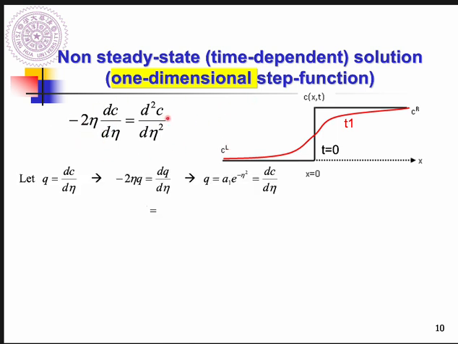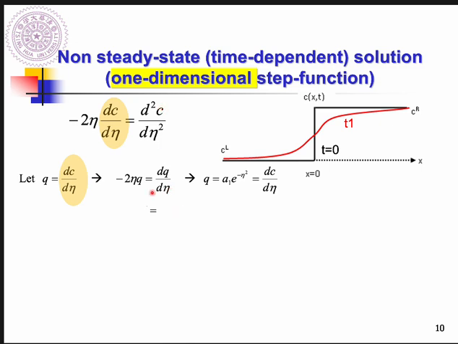This is a mathematical trick. I let dC over d iota equal Q. So I can rewrite this equation with negative 2 iota and Q, and this is dQ over d iota, because this is the second gradient with respect to iota.